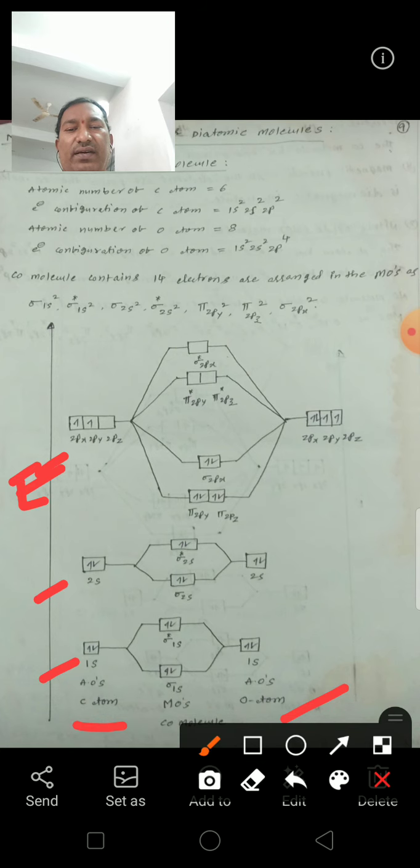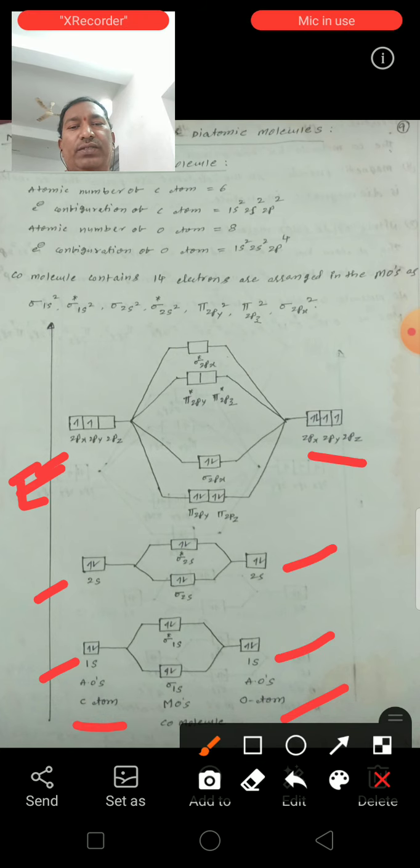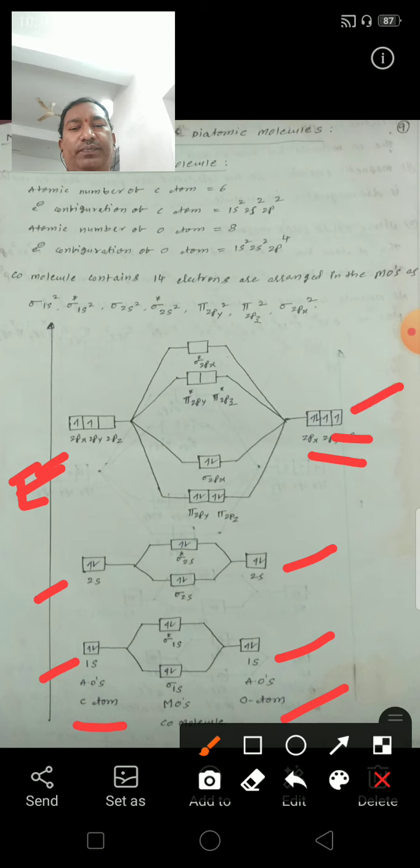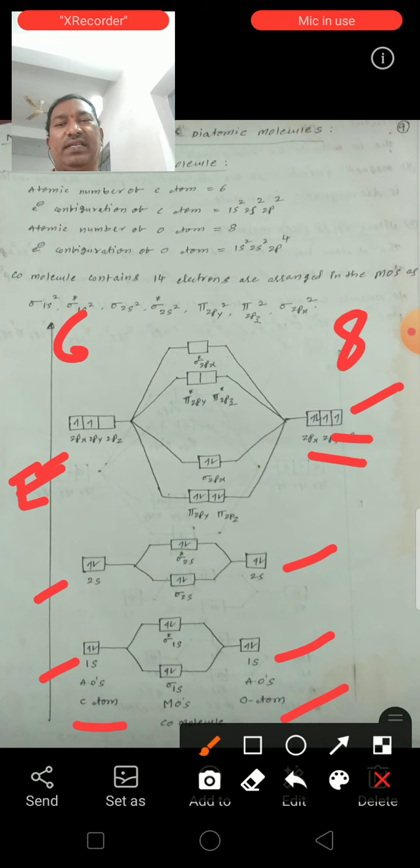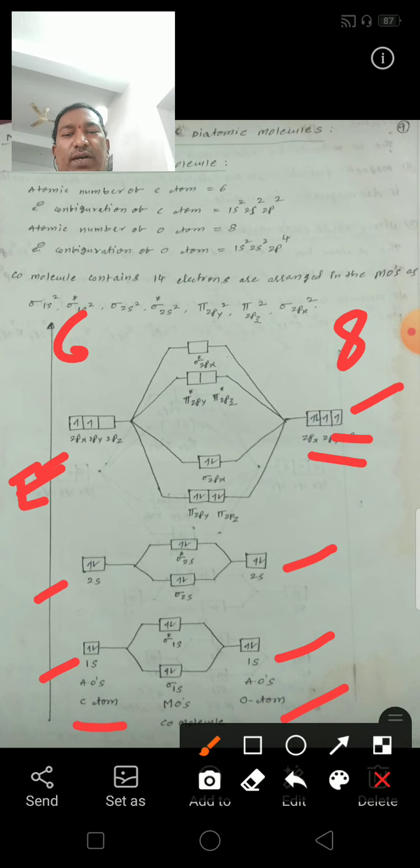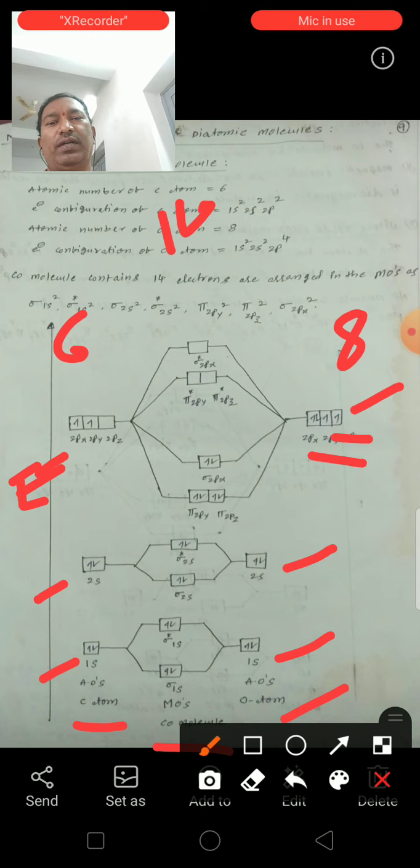The oxygen electronic configuration is 1s2, 2s2, 2px2, 2py2, 2pz1, total 8 electrons. So this molecular orbital of carbon monoxide has a total of 14 electrons.